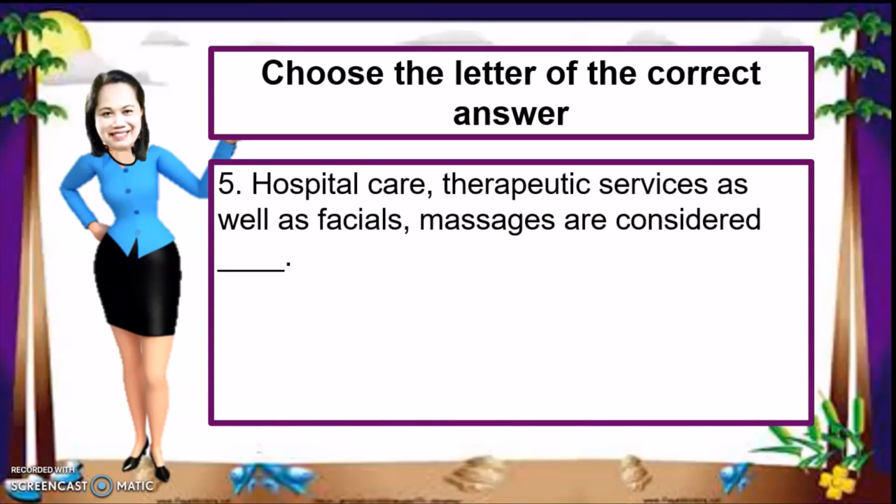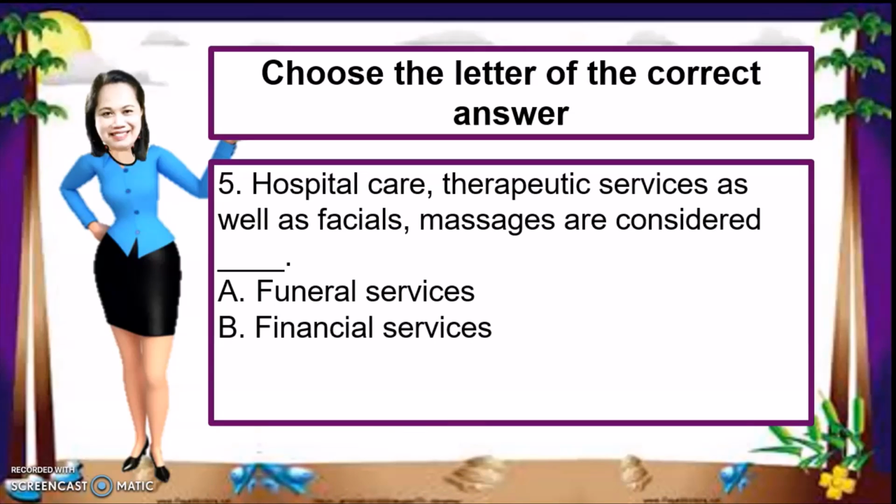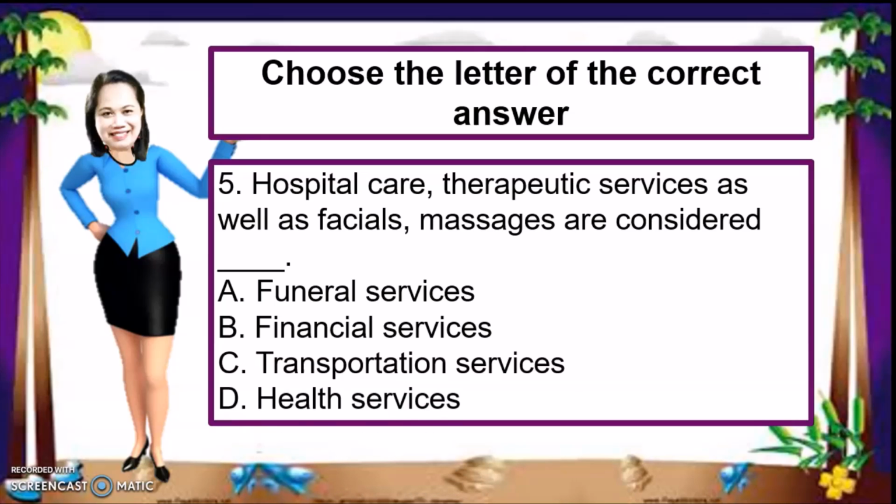Hospital care, therapeutic services, as well as facial massage are considered blank. A, funeral services. B, financial services. C, transportation services. And D, health services. Okay? So, pass your paper or send your answer in our GC.